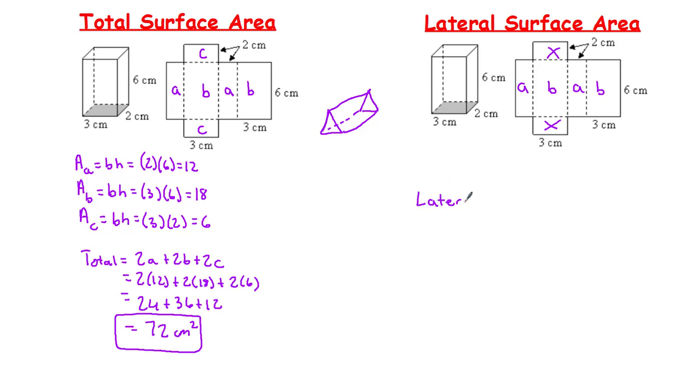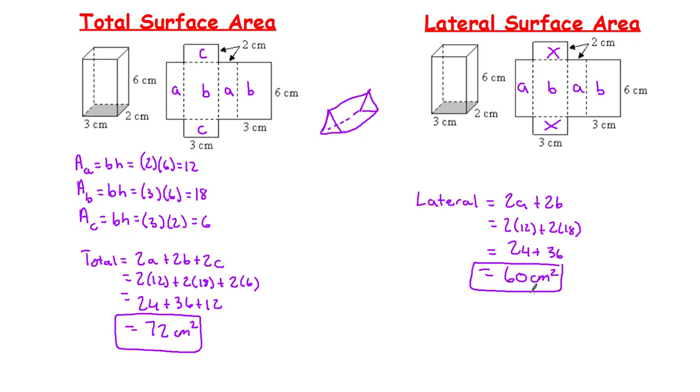So lateral surface area is going to be 2 of our A's plus 2 of our B's. So once again, I'm just going to copy that from there. That's going to be 2 times 12, and it's going to be 2 times 18. So then we have 24 plus 36, which is going to give us 60 centimeters squared.